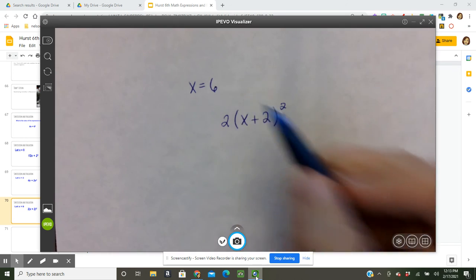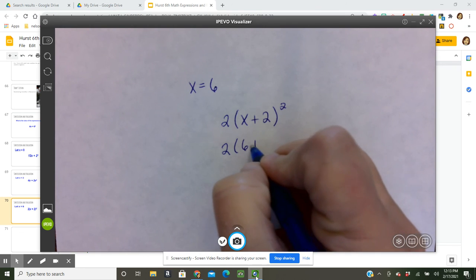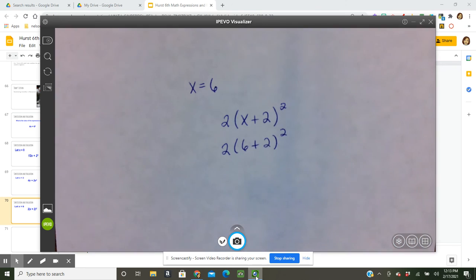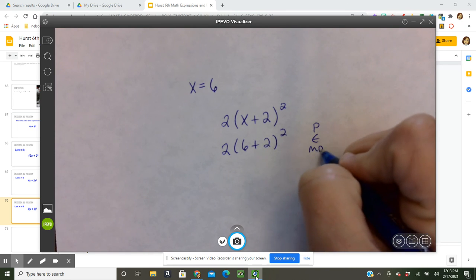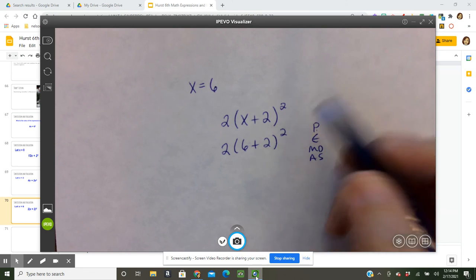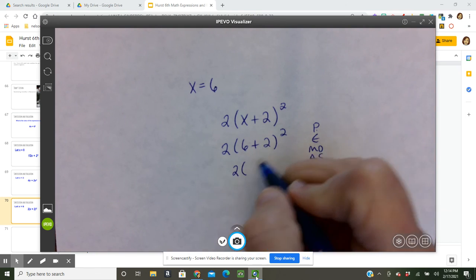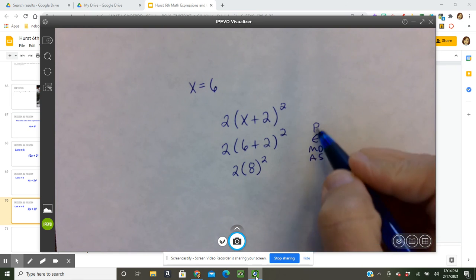All right, so hopefully you paused, and we're going to substitute in the 6. So when I rewrite it, it looks like this. So now I have to think about the order of operations. Should I do what's in parentheses first? Yes. So it's 2 times, and this is 6 plus 2, which would be 8 to the second power.